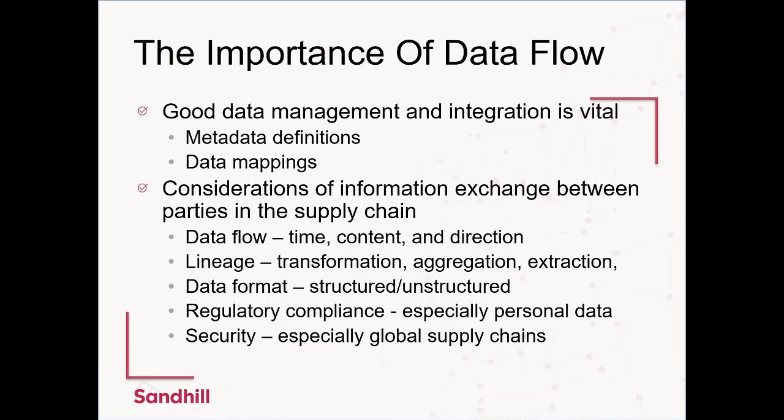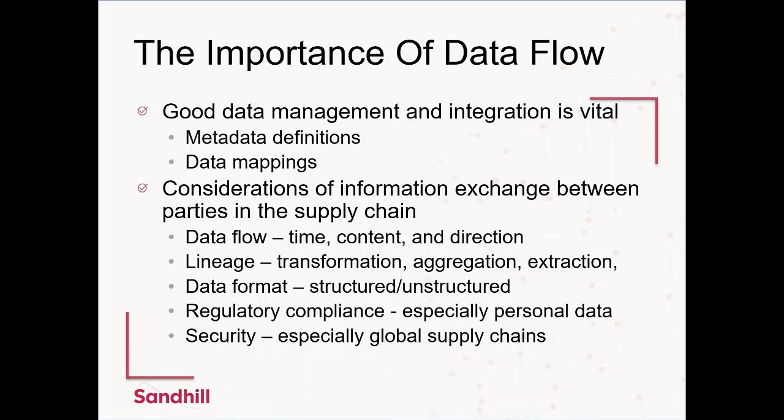Are we extracting out specific data? We have to be very clear and understand what the lineage is in any exchanges, and what the format of that data is. Is it structured? Is it an automated data exchange? Is it a file, or is it a fax or an email that's being sent out?